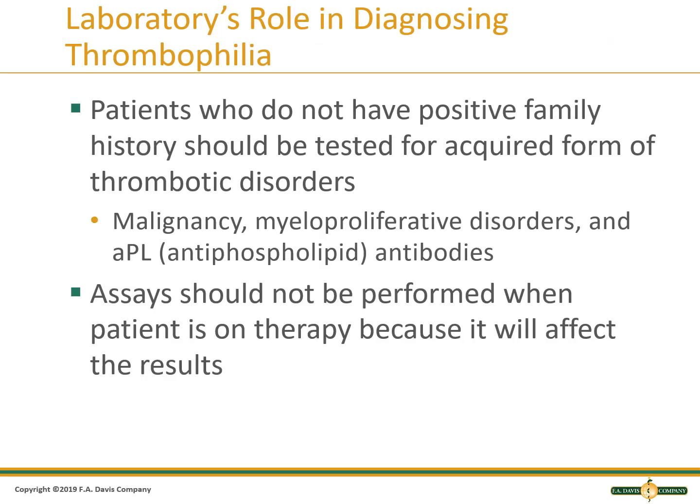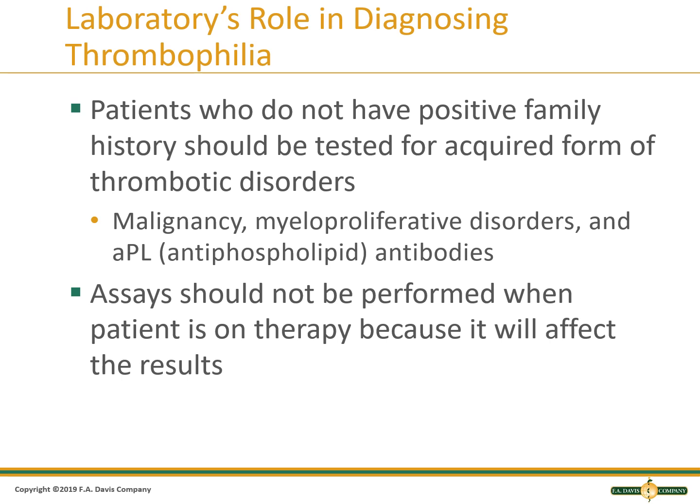Patients who do not have a positive family history of thrombophilia should be tested for the acquired form of thrombotic disorders, which could be tied to malignancy, myeloproliferative disorders, and antiphospholipid antibodies. Assays should not be performed when the patient is on therapy because it will affect the results.